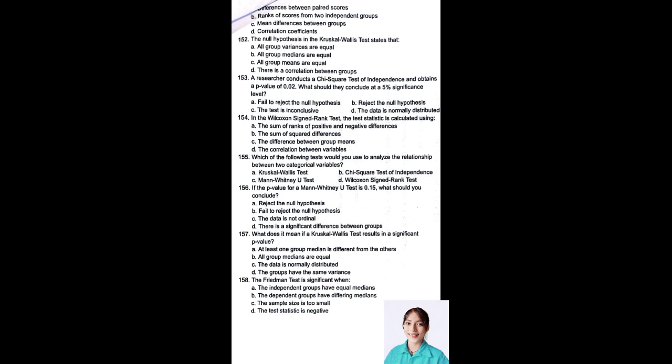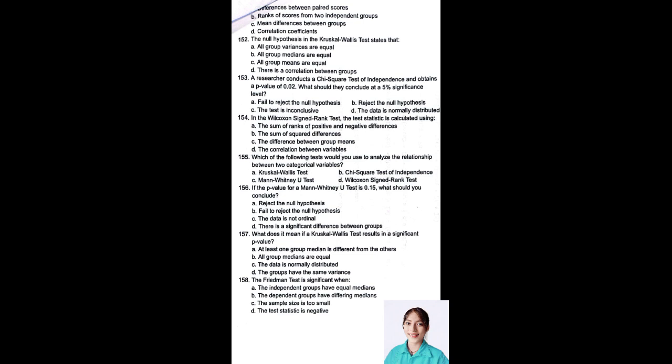So that's in option B. Then we have 153. A researcher conducts a chi-square test of independence and obtains a p-value of 0.02. What should they conclude at a 5% significance level? So they can conclude at a 5% significance level to reject the null hypothesis. So that's in option B.